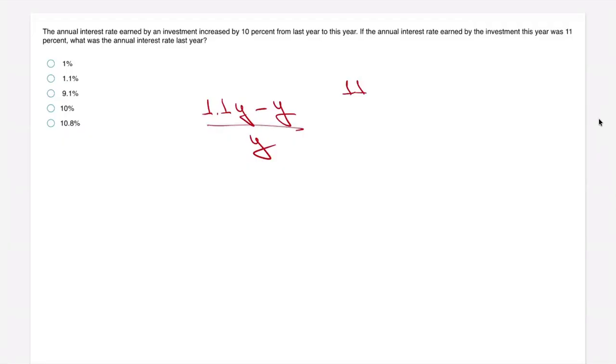But it's not 11. It's percent. Because it's 10% of what? Increase it 10% of what? Needs to have a variable. You don't know how much is the final or the initial. It's 10% of what? Okay.